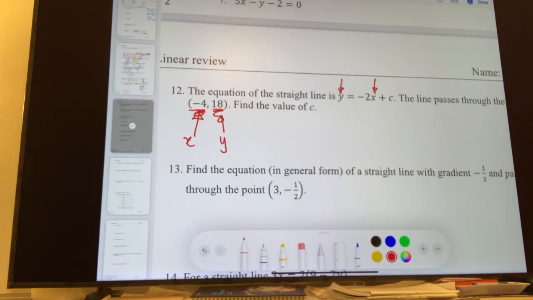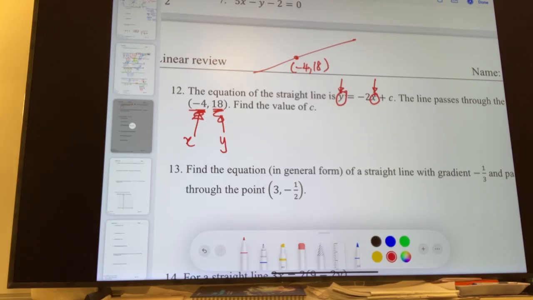It goes through x is -4 and your y is 18. So sub it in. Replace the y as 18 because it goes through that point. So this is your line and the point -4, 18 is on it. So your x can be -4 and your y can be 18.